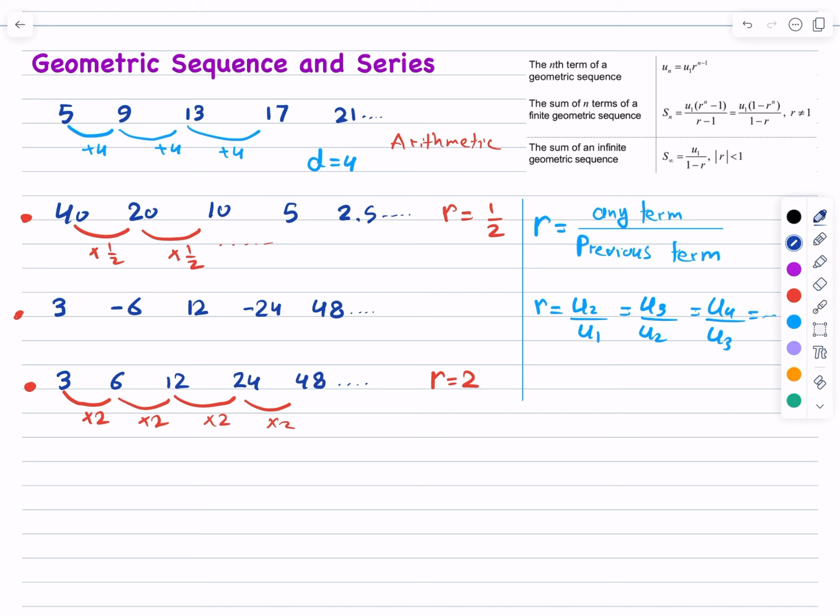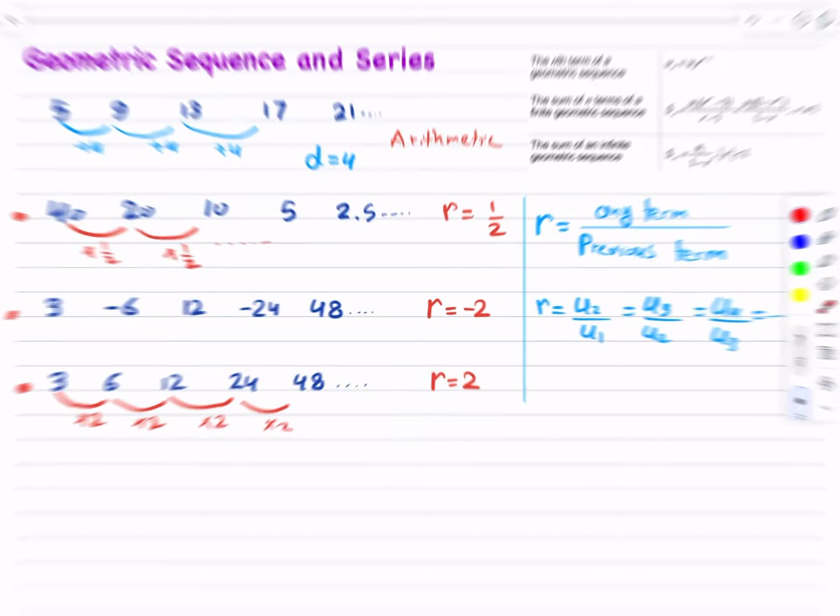Because here the common ratio R is a negative number, which is here negative 2. Check now, if we multiply 3 by negative 2, we have negative 6, and so on. Or if you divide any term, like 12, by the previous term, negative 6, you will have negative 2.